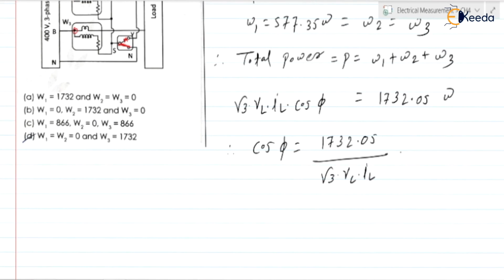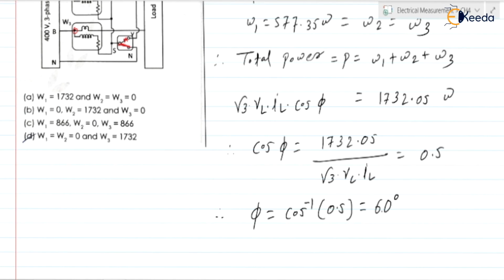We know VL, we know IL. So cos phi is equal to 1732.05 divided by 400 into root 3 into 5, which is 0.5. Cos phi is 0.5, so phi is equal to cos inverse of 0.5, which is 60 degrees.